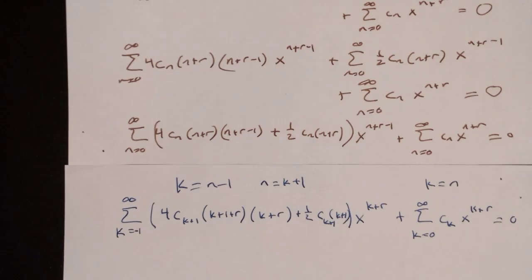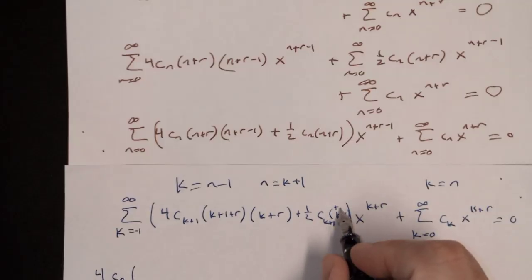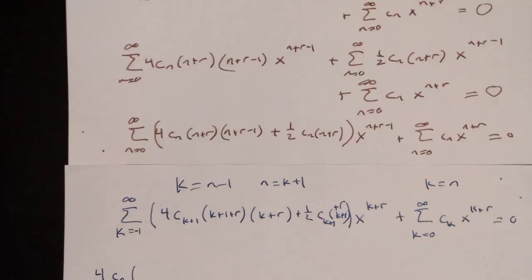Yeah? Well, you plug in k equals -1. At the end of the equation, put k plus 1 plus r. Yes, there should be a plus r there. Nice catch.